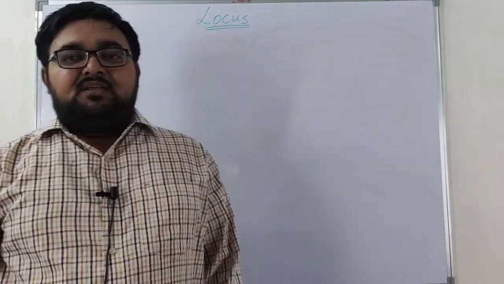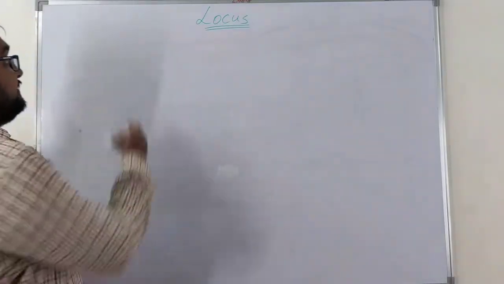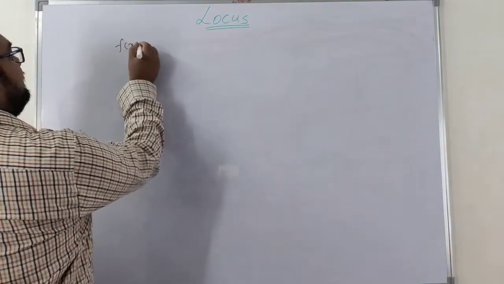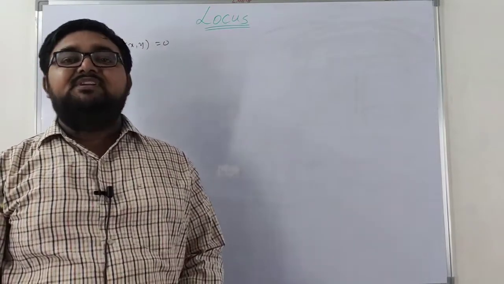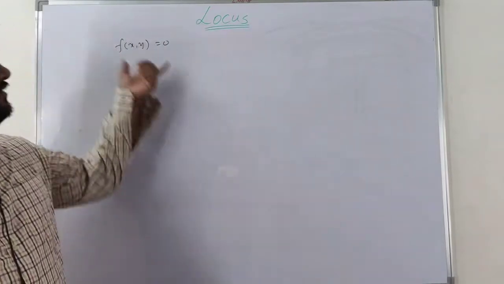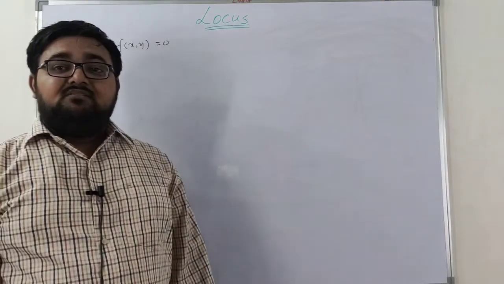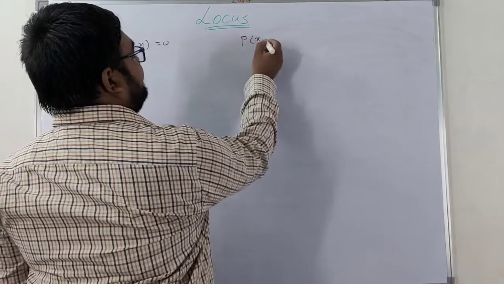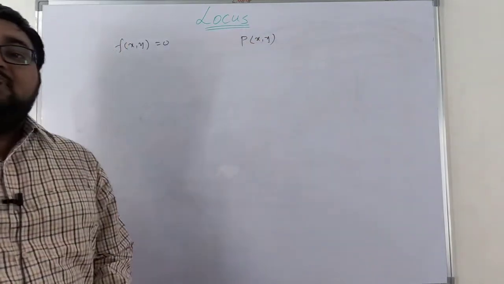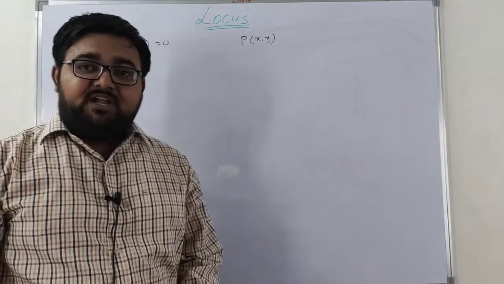Now let us see. We have said that every locus is of the form f of x comma y is equal to 0. That means every locus is represented in the form of f of x comma y is equal to 0. Now here we are going to consider some point P of x comma y. So this will be my locus of the point.